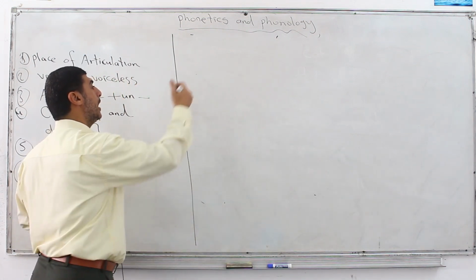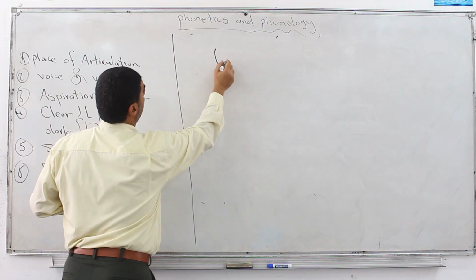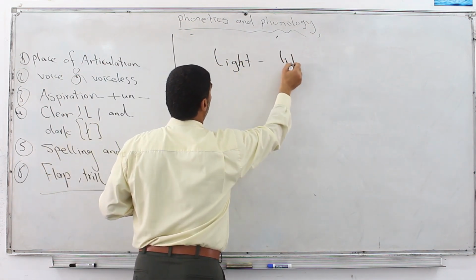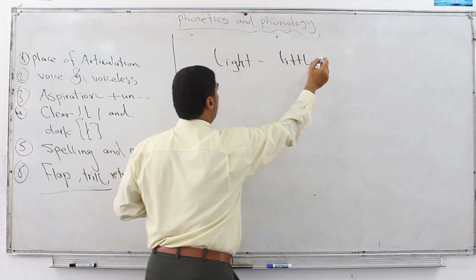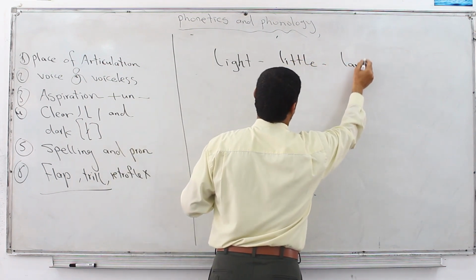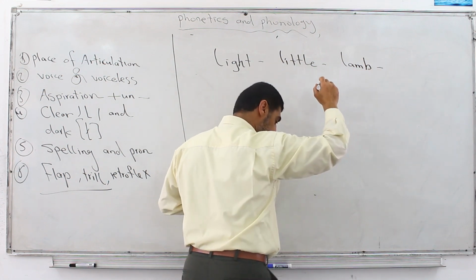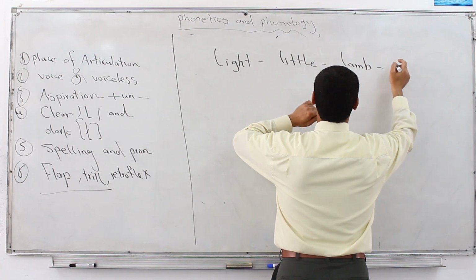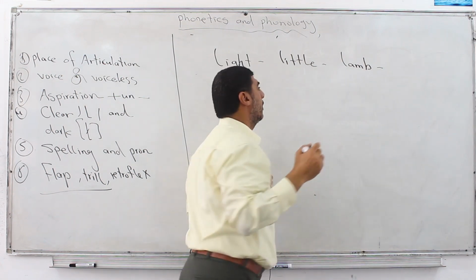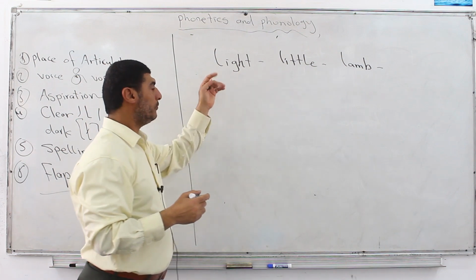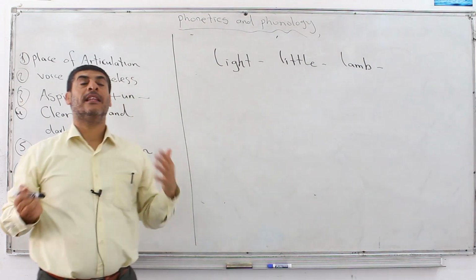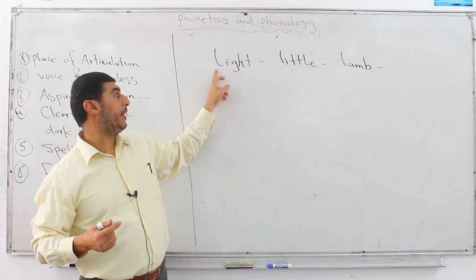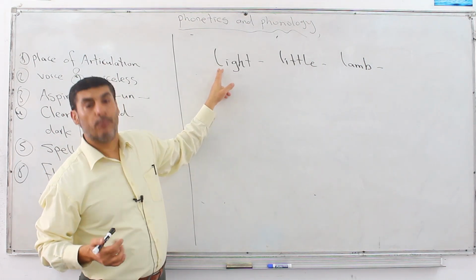Try to follow me. If I say light, and little, and lamp, and brittle. Light, little, lamp. In light, you will feel that the tip of your tongue touches the alveolar ridge because this is an initial position.